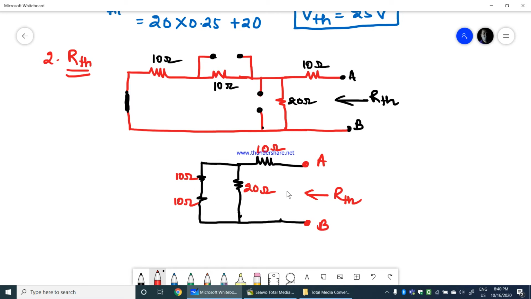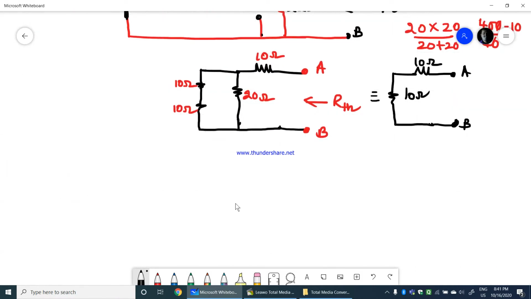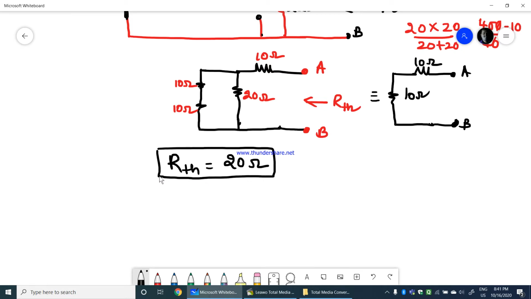So 20 parallel with 20: 20 into 20 divided by 20 plus 20, 400 divided by 40, so I get 10 ohms. Therefore I get 10 ohms in series with 10 ohms across AB. So RTH is 10 ohms plus 10 ohms, which is 20 ohms. This is RTH.